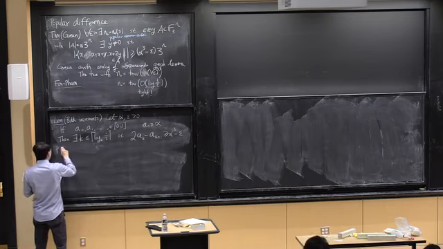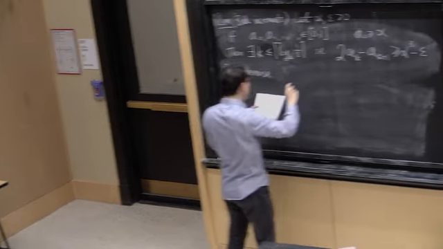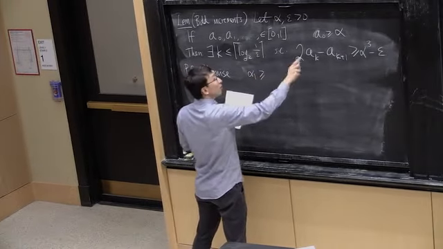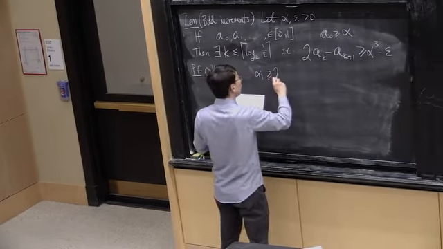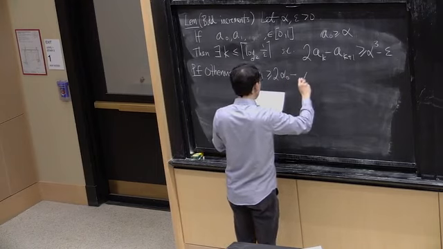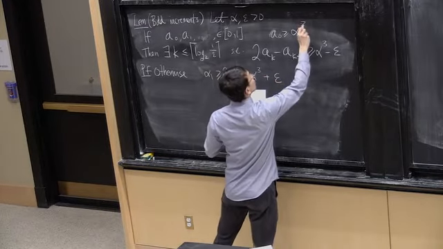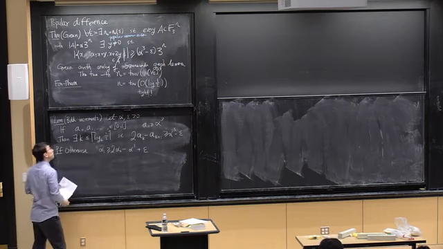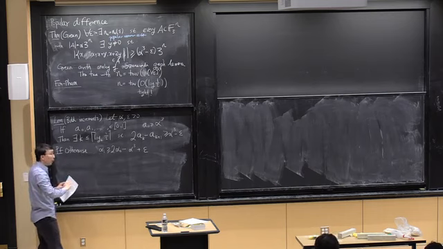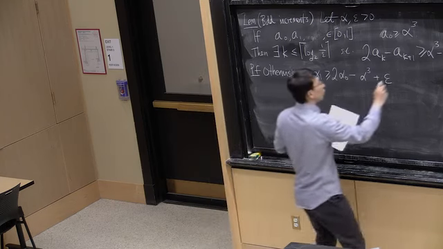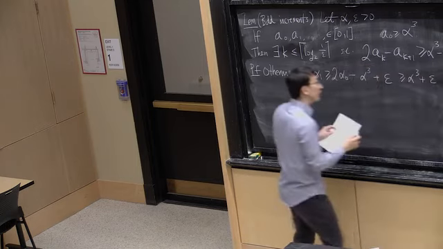But the proof itself is very straightforward. Otherwise, you start with a naught. If this is not true for k equals 0, then a1 is at least 2 a naught minus alpha cubed plus epsilon. Since a naught is at least alpha, you have some lower bound on a1, which is at least alpha plus epsilon.